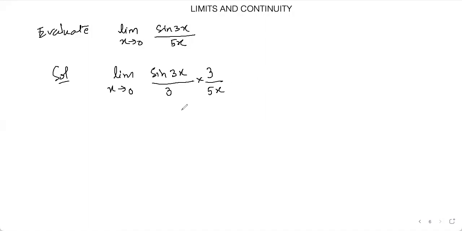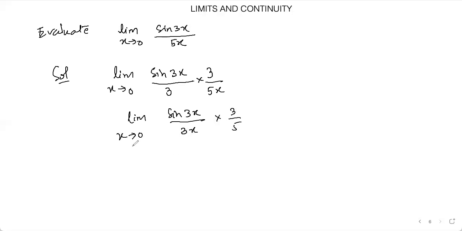Multiply and divide by 3. Let me take x on the other side. So x tends to 0, sine 3x by 3x into 3 by 5.